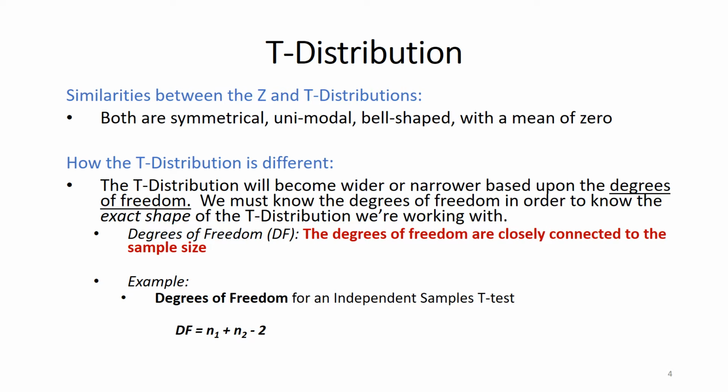So in an independent samples t-test, as we will learn shortly, it's when you're comparing two different groups. So we have group 1, N1, and then we have group 2, N2. And then in order to figure out the degrees of freedom for that test, we take the sample size of group 1, N1, plus the sample size of group 2, N2, and we subtract the constant 2. So this is what I mean when I say that the degrees of freedom are closely connected to sample size. Sample size is a huge part of the overall formula for the degrees of freedom. Let's go ahead and move on to the next slide.